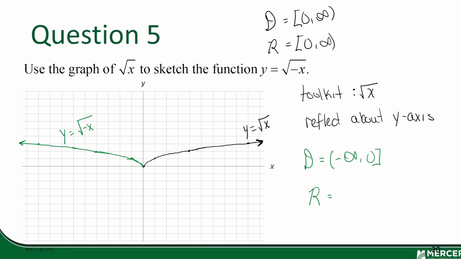So what's the new range? Not negative infinity to 0. It's positive, it's not going down anymore. So what is the range? Is it 0 to infinity? 0 to infinity, that didn't change. Right, all we're doing is affecting the inputs, so only the domain will get affected.